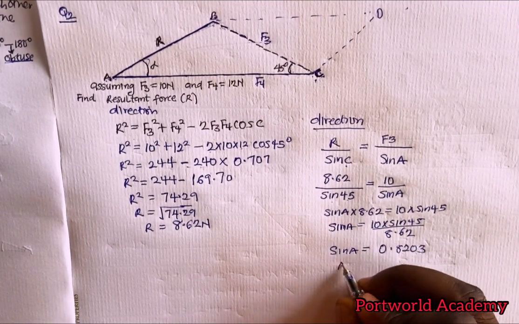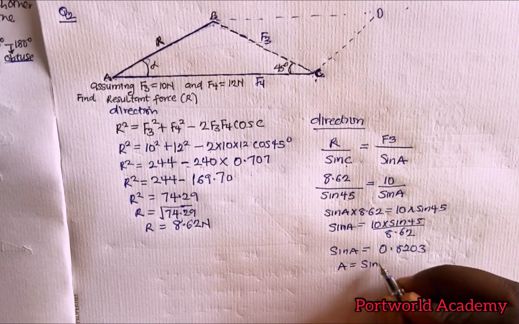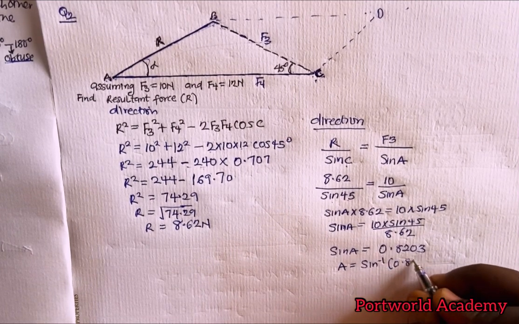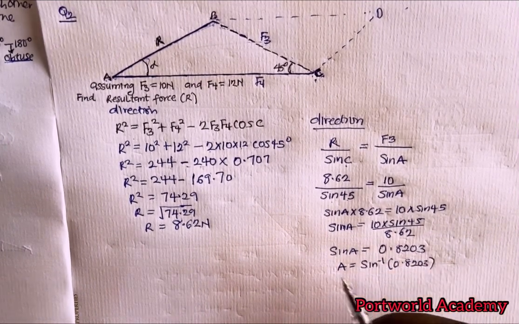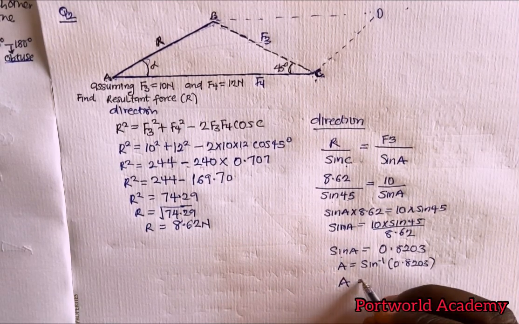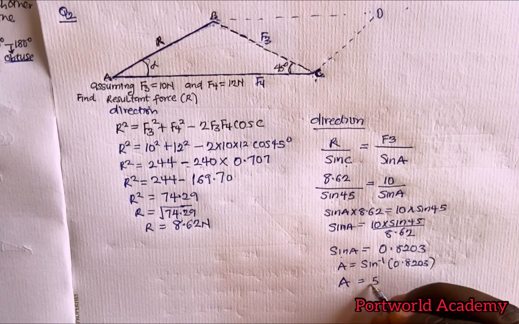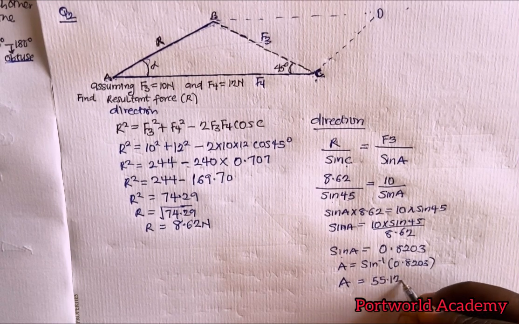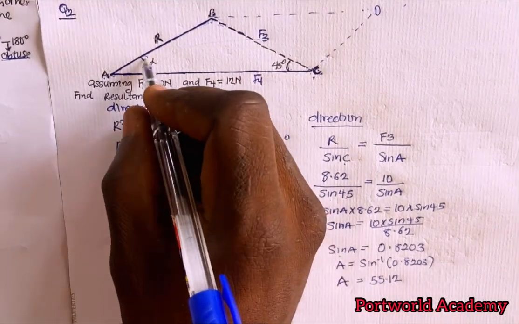Then A equals sine inverse of 0.8203. Sine inverse is the same thing as dividing both sides by sine. So A is equal to 55.12.